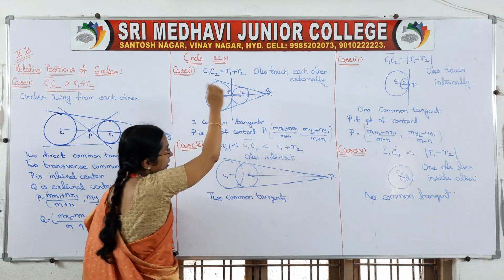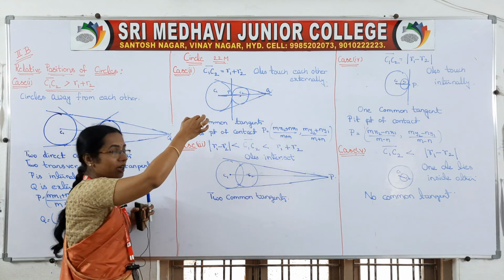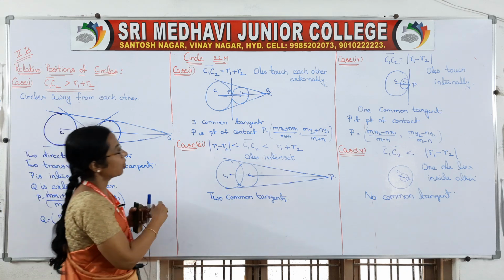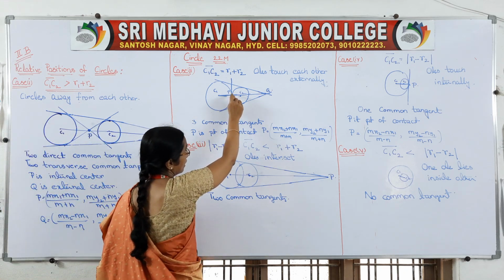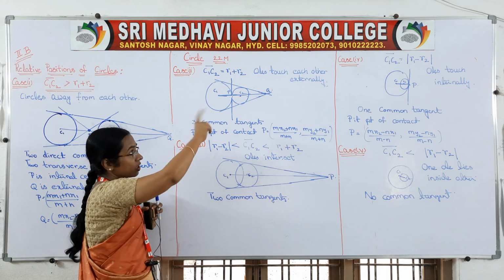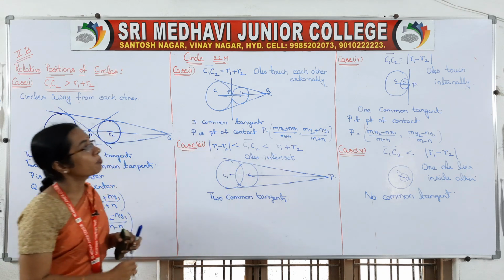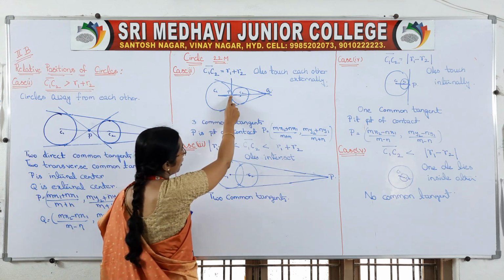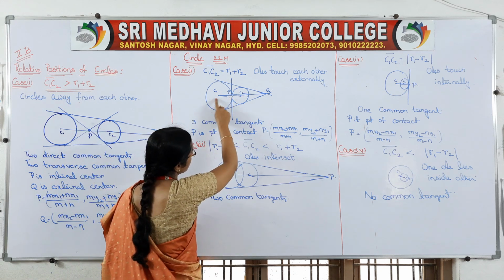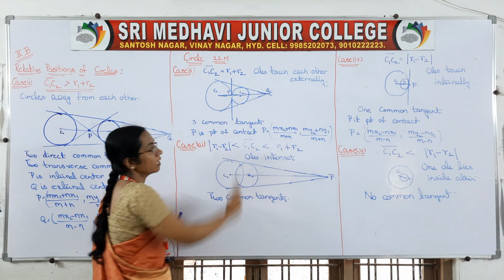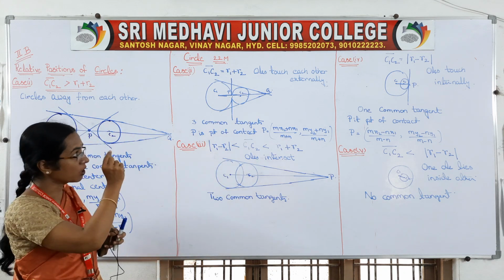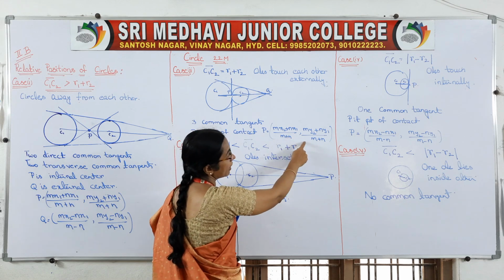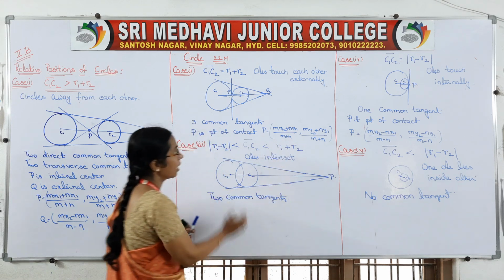Here, this point where they touch each other is called the point of contact. So you observe that the point of contact divides C1C2 internally. So if we want to get that point of contact, we have to take the internal center formula.